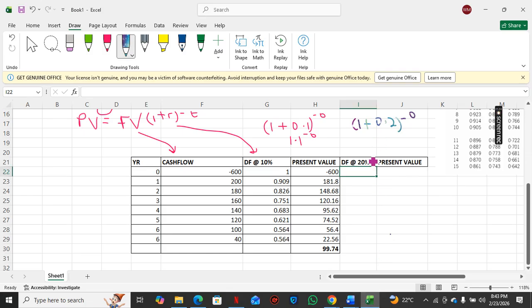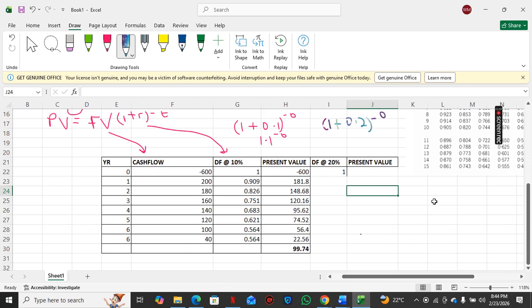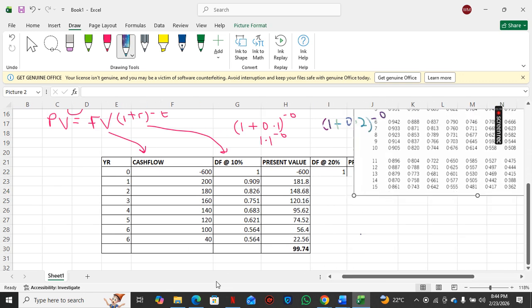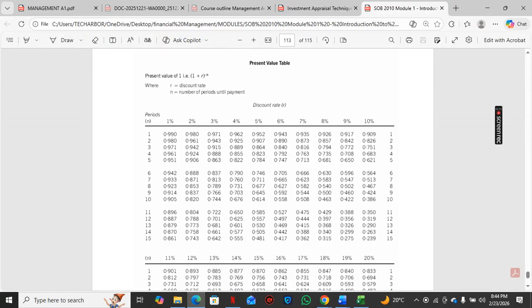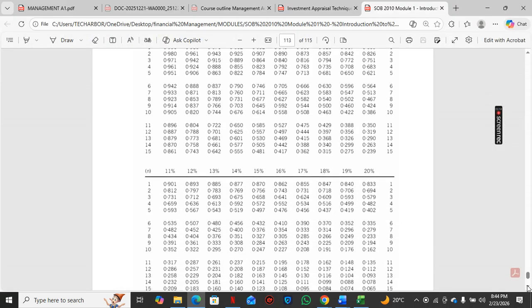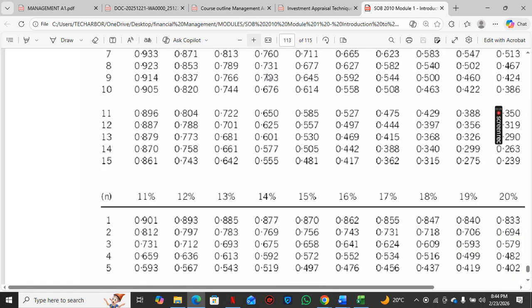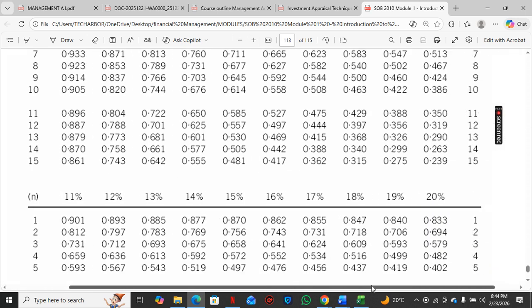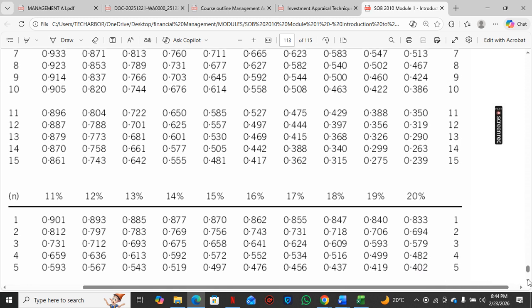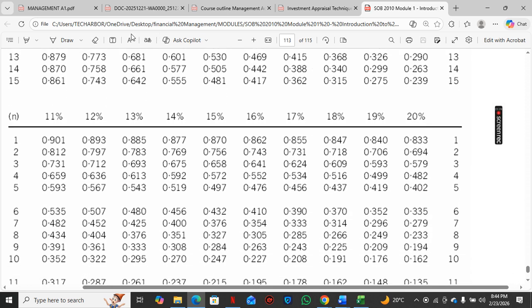So here it's always going to be 1. Same as always. Then go to our table. Here is 20%.